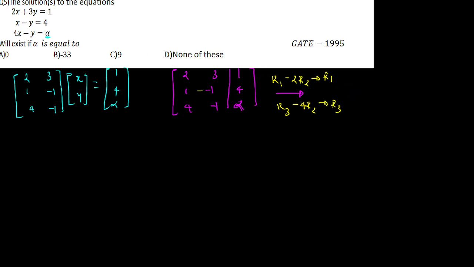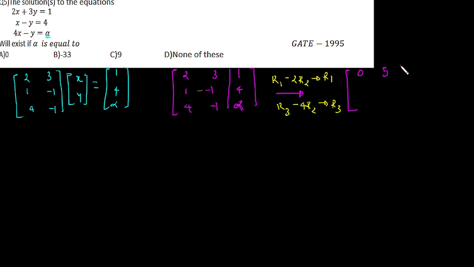After these two operations, here we are getting a 0 as an entry, because we got minus 2 from the second row. Here we have plus 3 and we are getting plus 2 from the second row, so we get plus 5.